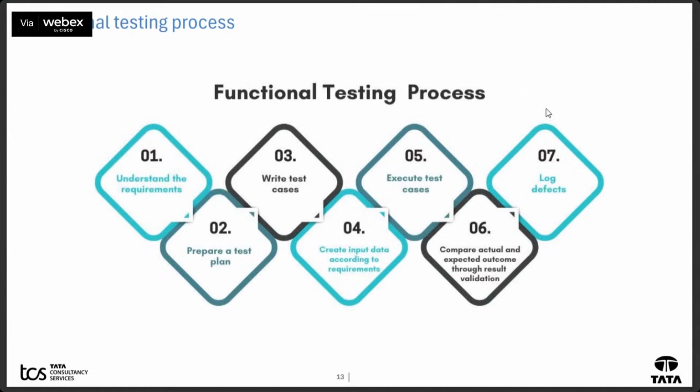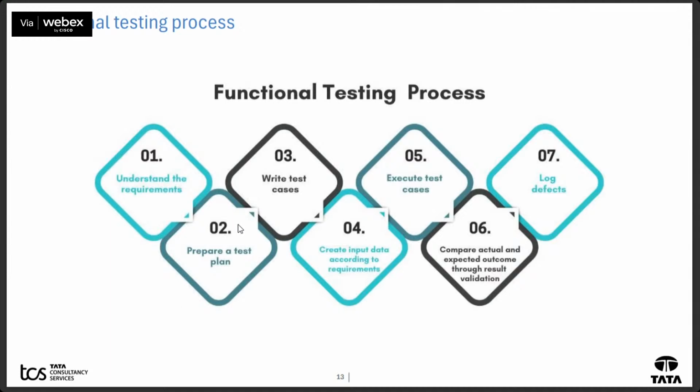This is the functional testing process. In this, we basically have several sessions with the stakeholders, and this same information is used for the developers and the team which does the testing.